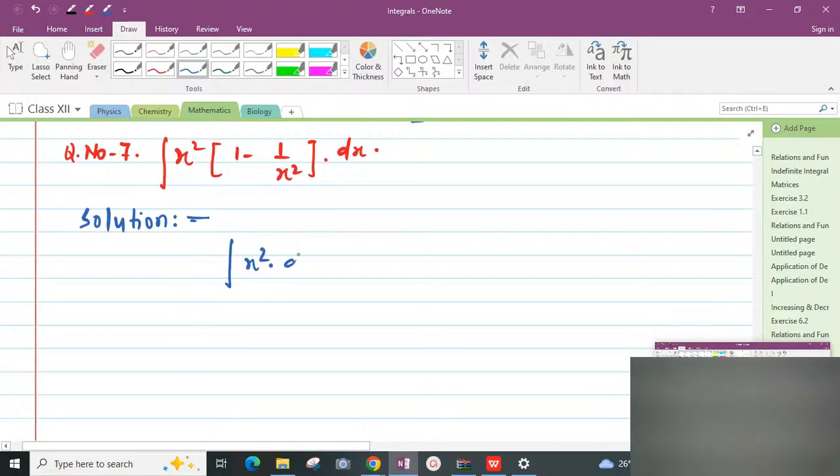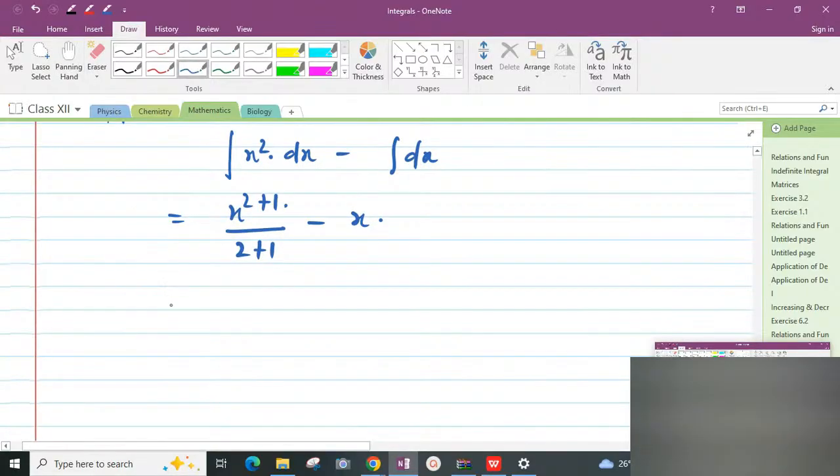x square into dx minus x square cancelled out, then we write down here dx. So the integral of this one, according to x to the power 2 plus 1 by 2 plus 1, and here will be x.